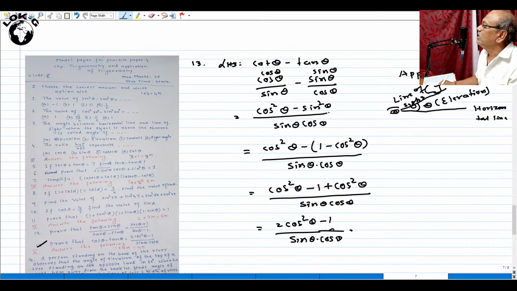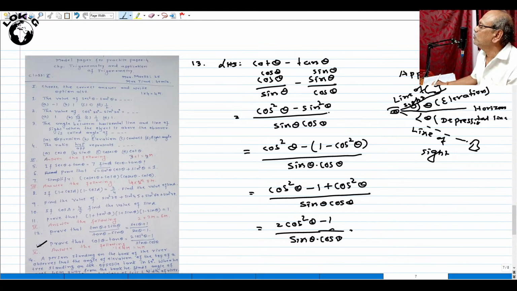Suppose that an object is below the observer, say here is an object below the observer. Then this angle theta, between the horizontal line and the line of sight, when the object is below the observer, is called the angle of depression, right? Only these two concepts are required to solve the problem.